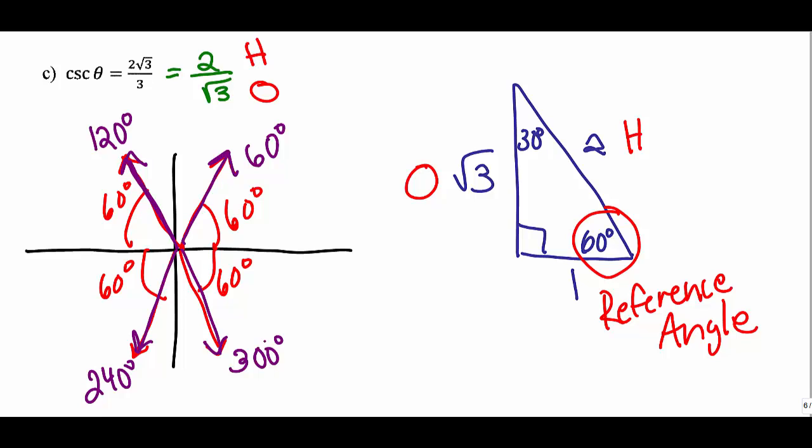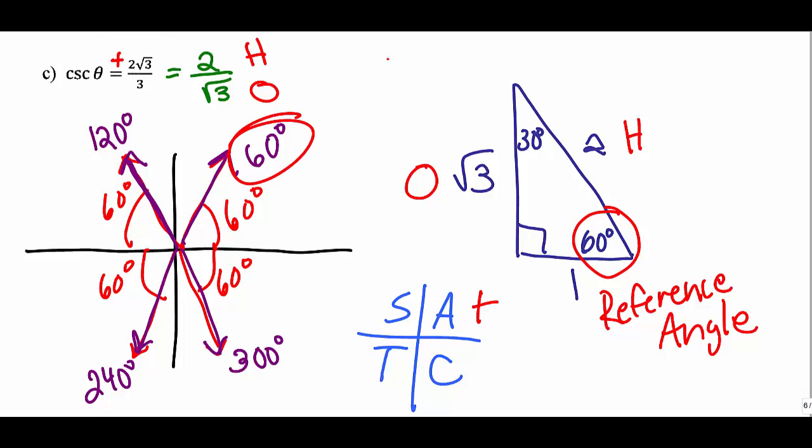Well, we know that all 4 of them would give us 2 divided by the square root of 3, but we want to know where is cosecant positive. So this is a positive value. So we know all students take calculus. We know that cosecant is positive in quadrant 1, so 60 degrees is definitely one of our solutions. So one of the angles we're looking for is 60 degrees.